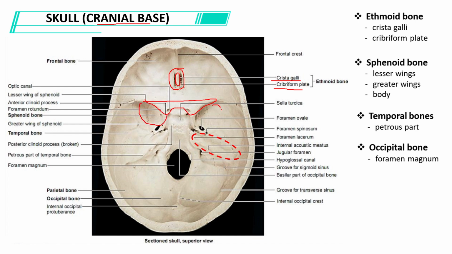The shape looks like a butterfly. And the area here is called the sella turcica. It is the place where your pituitary gland is located.